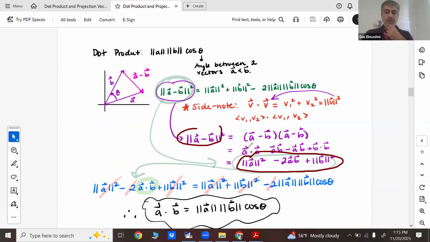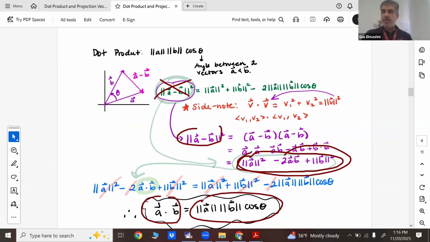And what do I do with that? I substitute. I replace this with that. By doing that, what happens afterwards? A bunch of things cancel, right? What cancels? A squared and B squared. And of course, the twos will cancel once the A squared and B squared are gone. So we're left with the dot product of A and B equals that expression. And that enables us to solve for the angle between the two sides, or the two vectors.